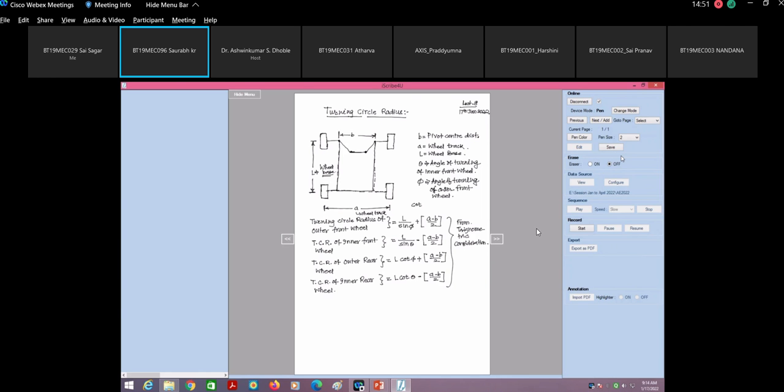Cot of phi minus cot of theta is equal to b by L. Is that correct, or is it the other way around?